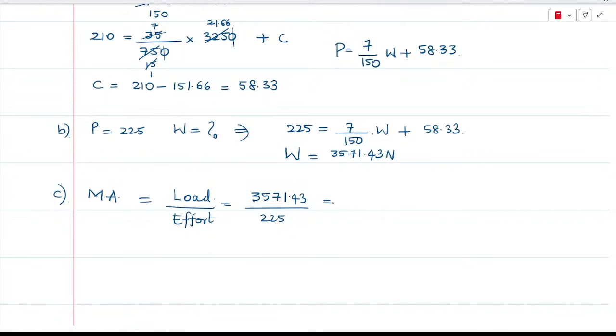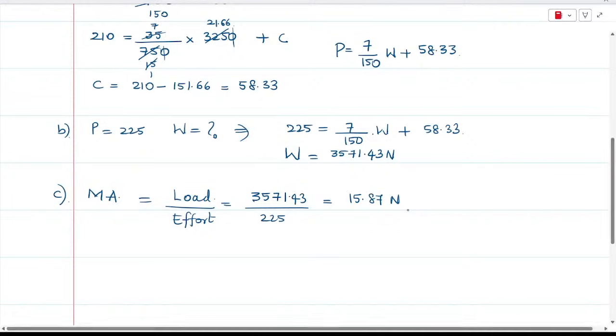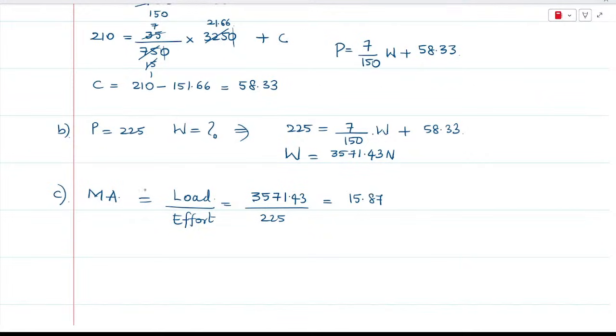So this is equal to 15.87. Sorry, it's a dimensionless quantity, and mechanical advantage is predicted or calculated based on operating conditions.